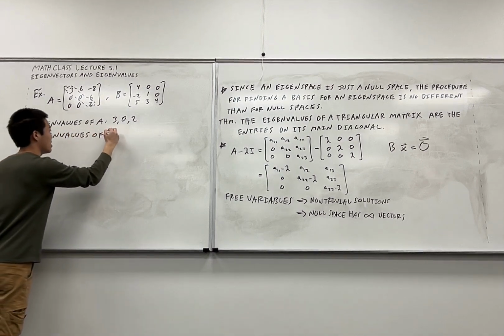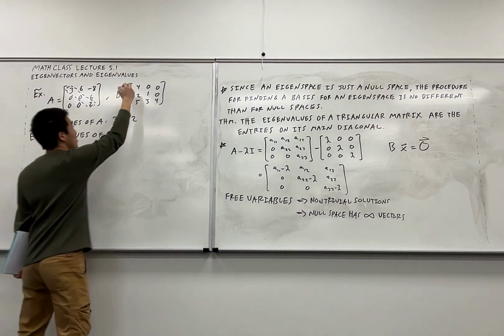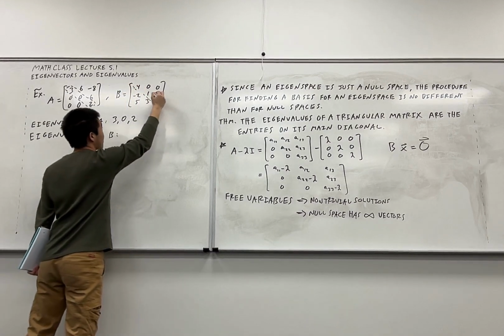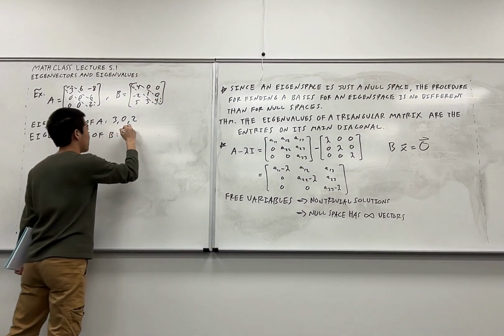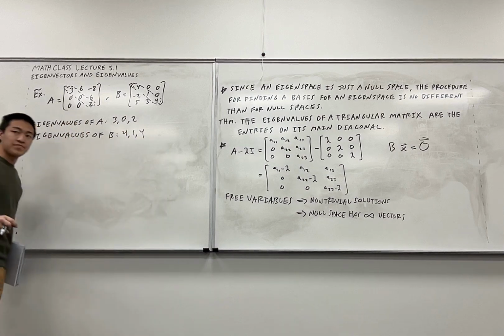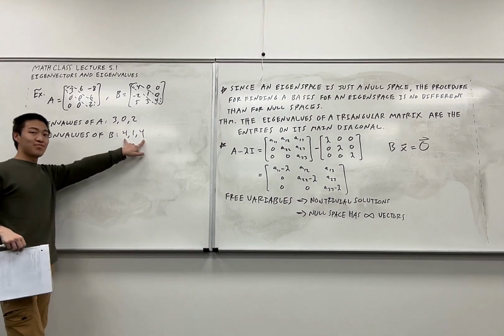What about the eigenvalues of B? We go down the main diagonal. Why am I allowed to take just the diagonal? Because it's triangular. So I have 4, 1, 4. I will get into more detail on why I'm listing 4 twice here. The word we use is multiplicity.